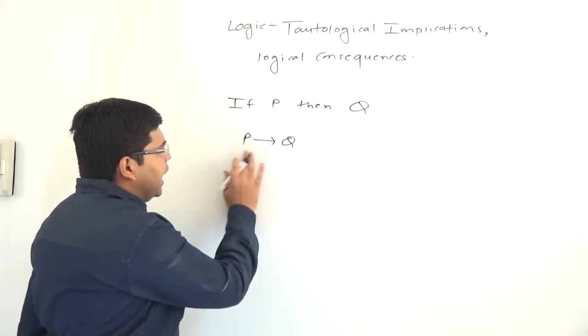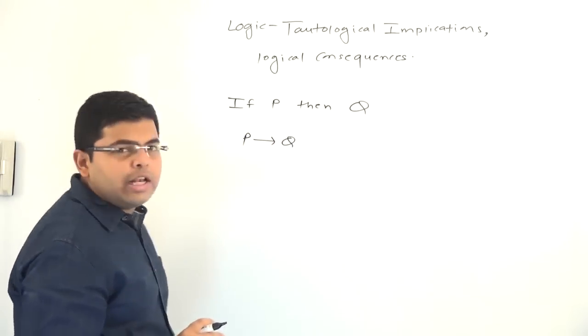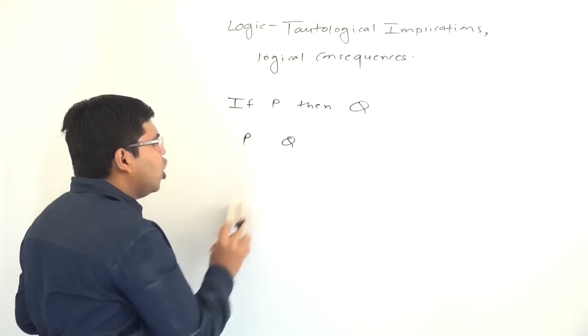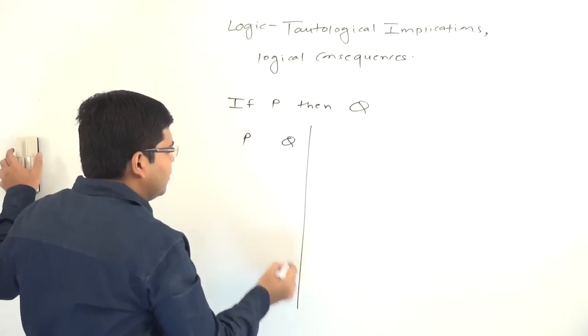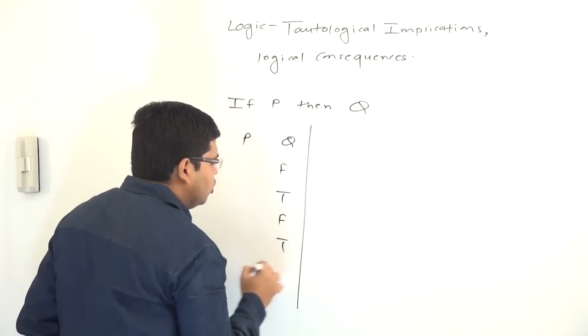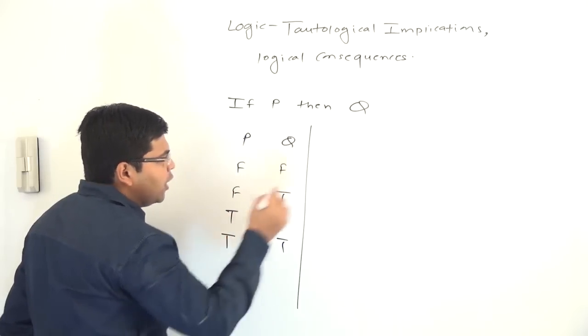Now this is an implication, and depending upon the individual values of P and Q, the implication may be either true or false. For example, if we take the four combinations of P and Q, we have already seen this, but we will revise it once.